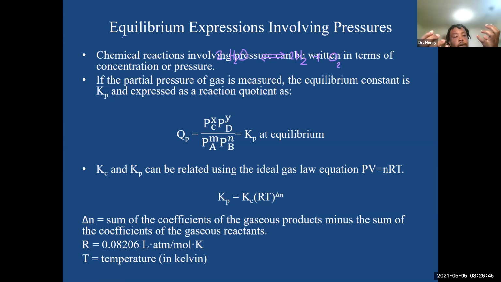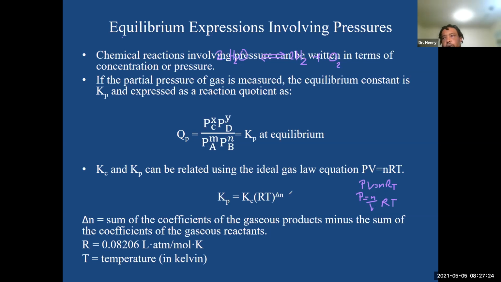Now, the pressure and the concentration equilibrium constants are going to be different. The way that they're different, if you take a look here, Kp is going to equal Kc, the concentration, because we know PV equals nRT. And then if we go P, it's just going to be n over V times RT.